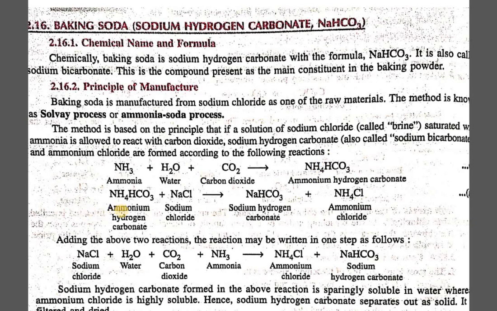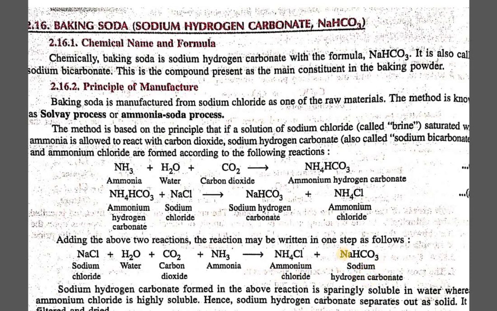This ammonium hydrogen carbonate is allowed to react with sodium chloride, which forms sodium hydrogen carbonate and ammonium chloride. If we add the two reactions, we find sodium chloride reacting with water, carbon dioxide and ammonia leads to the formation of ammonium chloride and sodium hydrogen carbonate.